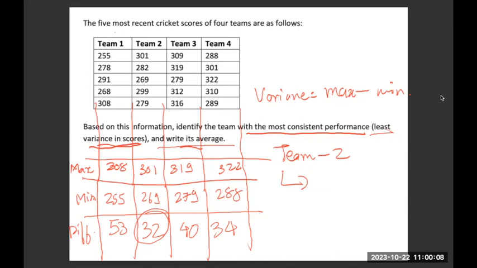Okay, one second, let me just check it. 286. Yes. So team 2 and 286 is their average.